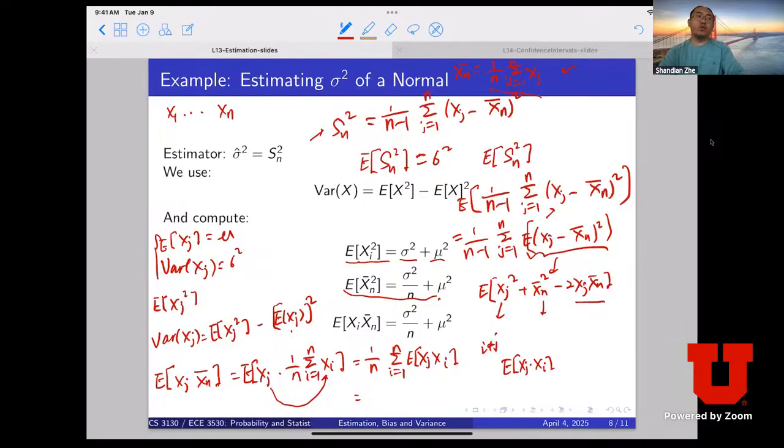What is the expectation of x1 multiplied with x2? What's the result?